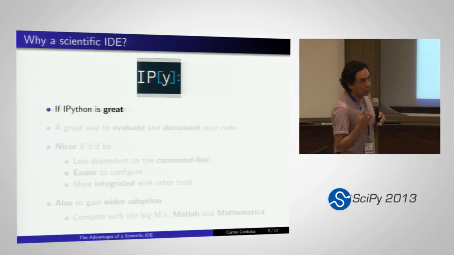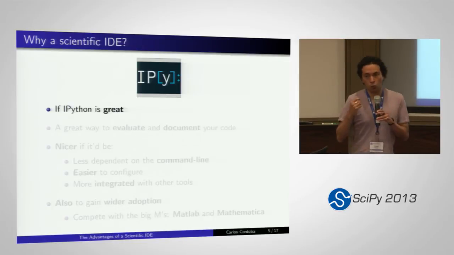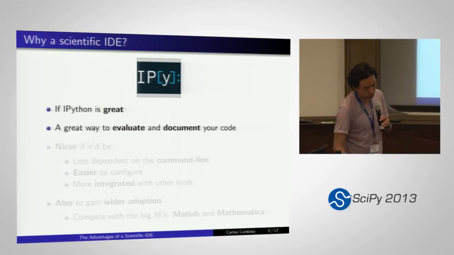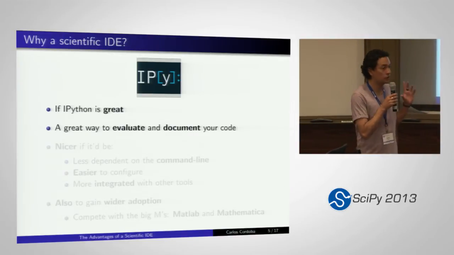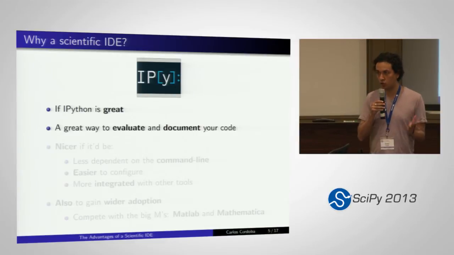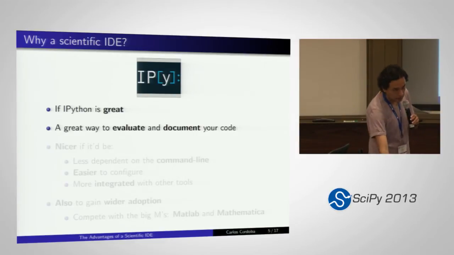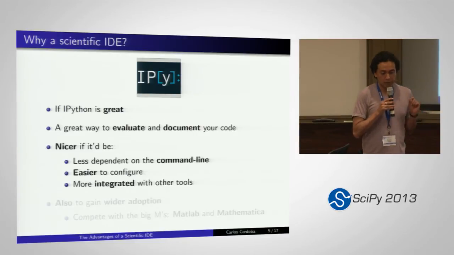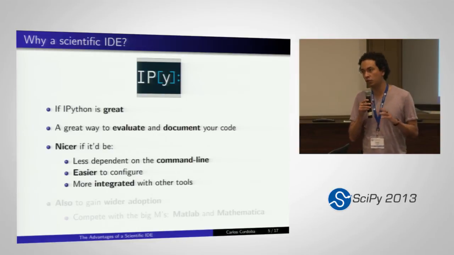Well, yeah, IPython is great, but what is the reason that makes IPython so special? Well, we think that IPython is a great way to evaluate and, with the notebook now, document your code. But it could be nicer if it were a bit less dependent on the command line.